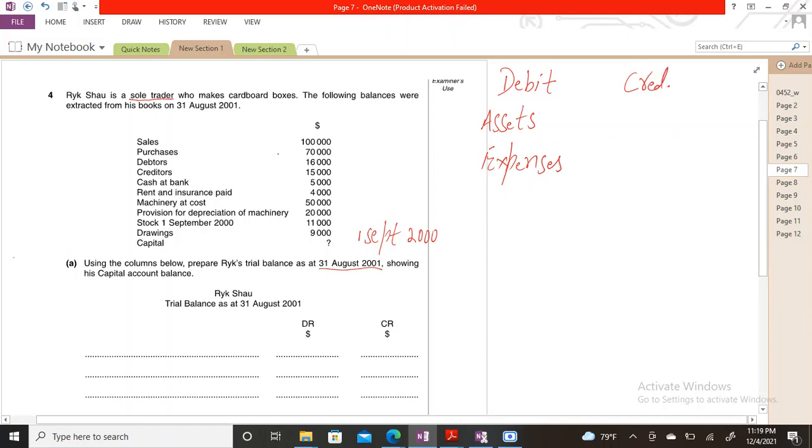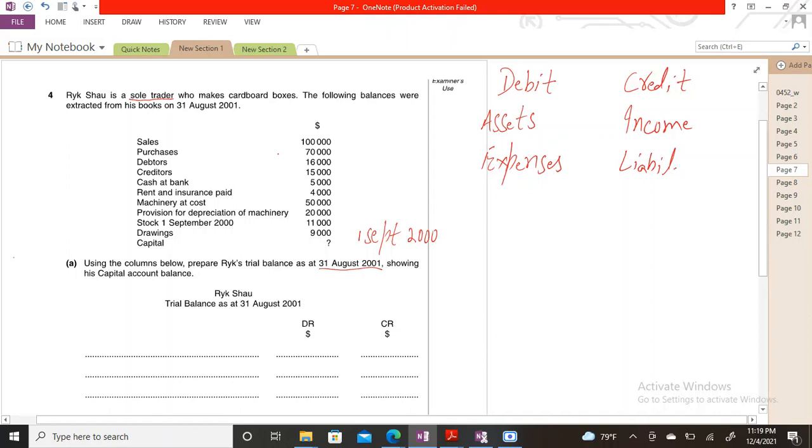Then on the credit side, we put all income, which includes sales, and any other income like rent received, discount received. Then liabilities: current liabilities and long-term liabilities.